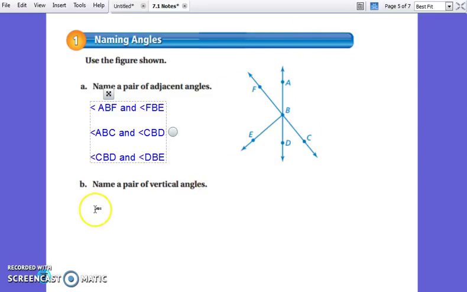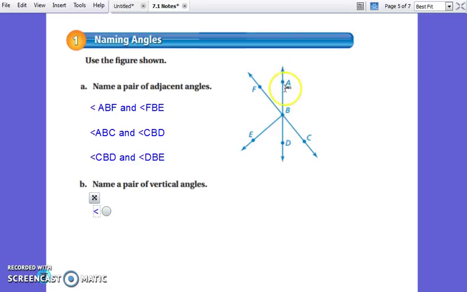This example, B, says name a pair of vertical angles. Remember, vertical angles are angles that are right across from each other. So can you see any angles that are right across from each other that look exactly the same in terms of how big they are? Well, here's a line and here's a line, and these two angles here and here look like they're right across from each other.